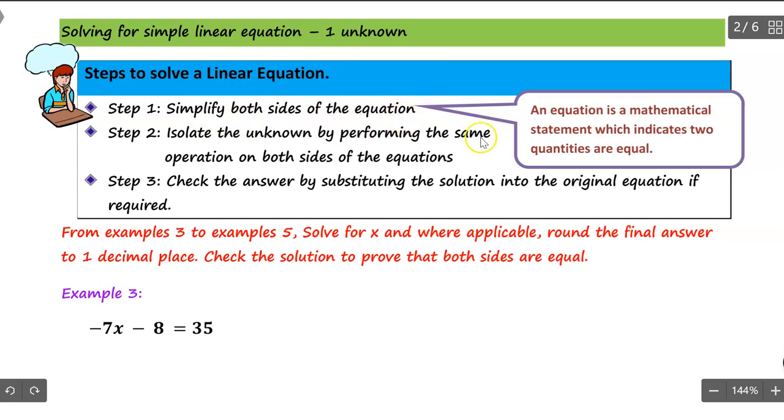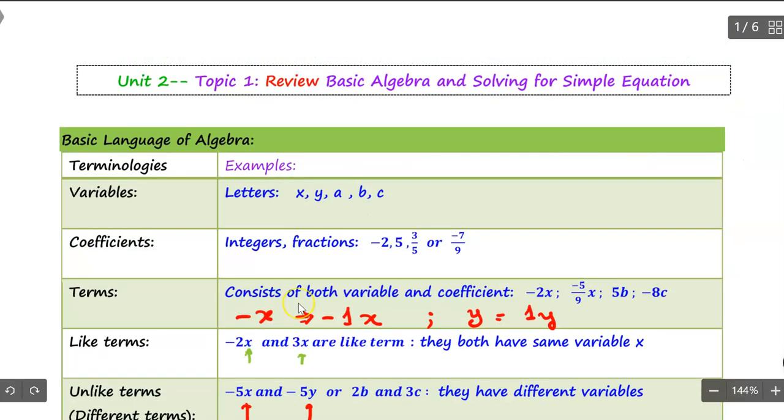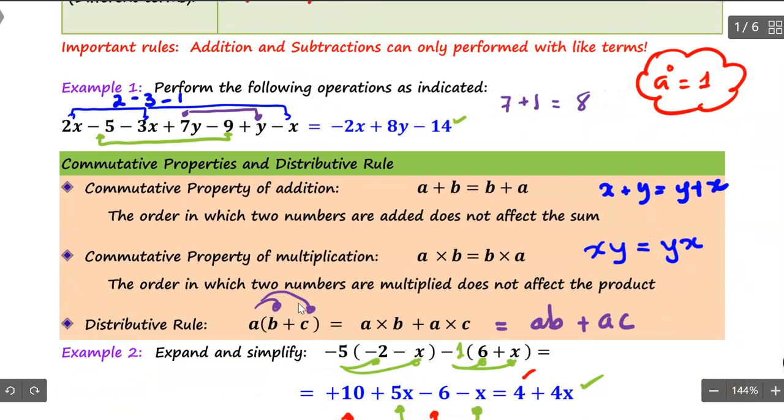Don't forget, an equation is a mathematical statement which indicates 2 quantities are equal to each other. So I will have the left-hand side equal to the right-hand side. So this is called an equation. It's not the same as an expression. So let me go back and show everyone.